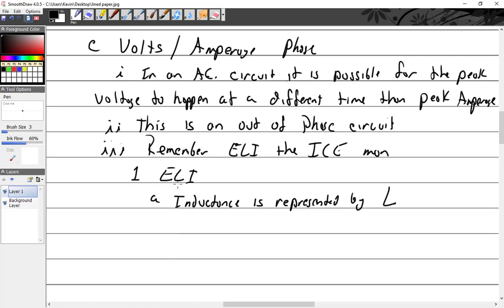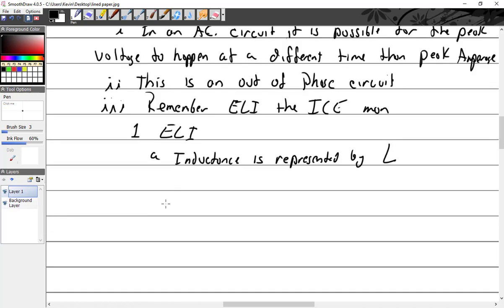All right, so if you have a circuit with an L, and we're going to get to Iceman, what is the C going to be? Capacitance. So right now we have Eli, which is represented by inductive. So if you have an inductive circuit, which means it's mostly influenced by inductors, which are what? Motors. Coils and motors. We'll say coils.